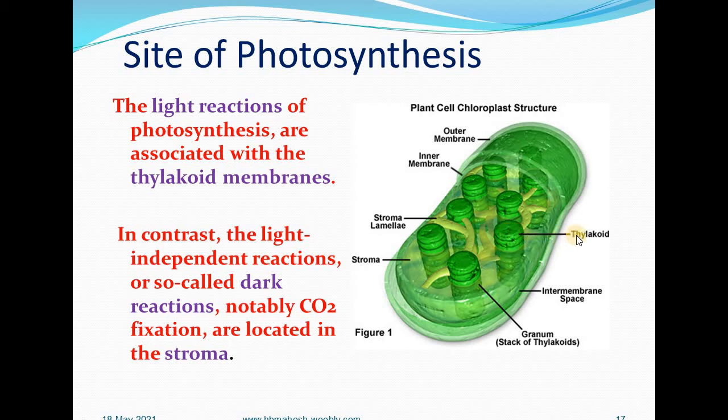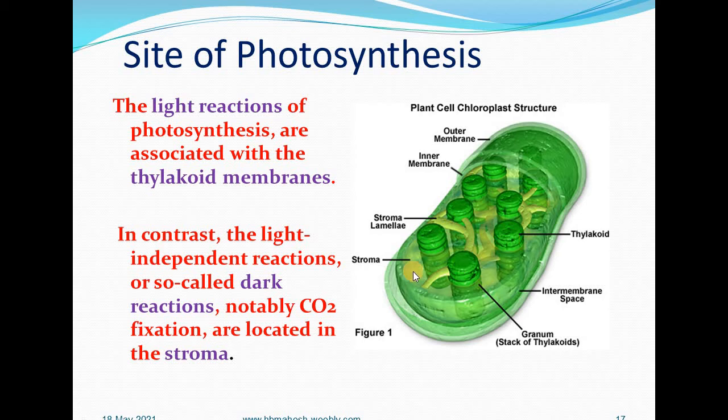That is nothing but the thylakoids, and these thylakoids are interconnected by stroma lamellae. Excluding the thylakoids and stroma lamellae, you can also observe the cytoplasmic content of the chloroplast, which is nothing but the stroma. Now the light reactions of photosynthesis are associated with this thylakoid membrane.